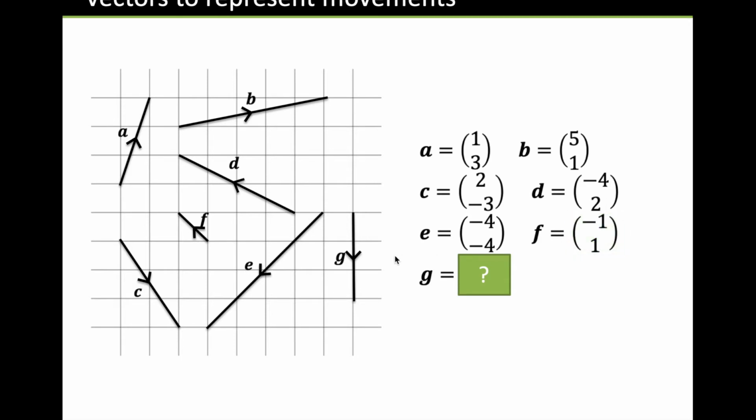Vector G is a bit different because there's no horizontal movement. Therefore, horizontal movement is 0. And then it moved downward by 3 units, 1, 2, 3. So 0, negative 3.